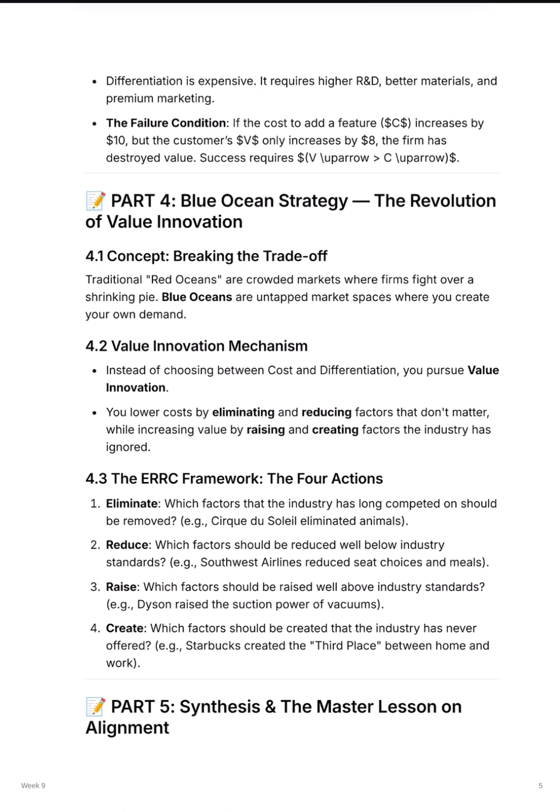There are several reasons why we would like to consider using differentiation strategy as well. Because differentiation is quite expensive, so it requires a higher R&D, better materials, and premium marketing as well. I would like to explain more detail about this one.